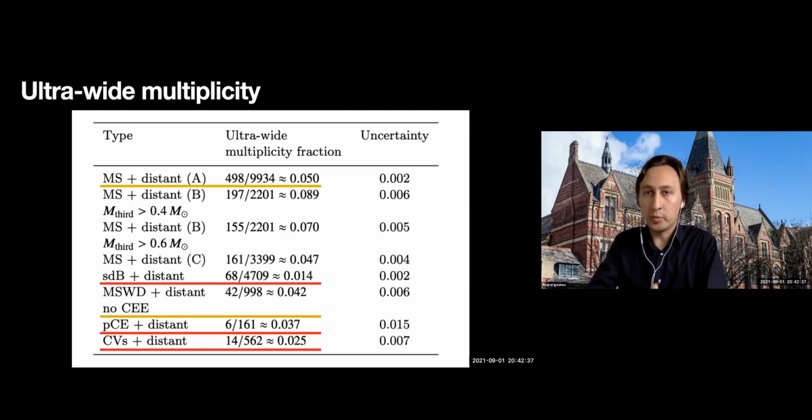If you're thinking about post-common envelope binaries with a wide dwarf, a natural system for comparison could be a main sequence wide dwarf binary which did not interact. In this case, we still can find the ultra-wide companion, and we find this ultra-wide companion in 4.2% of the cases.